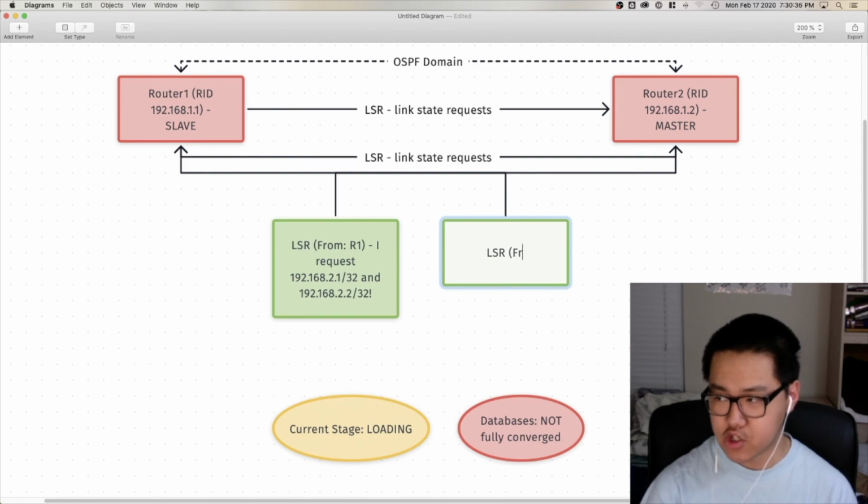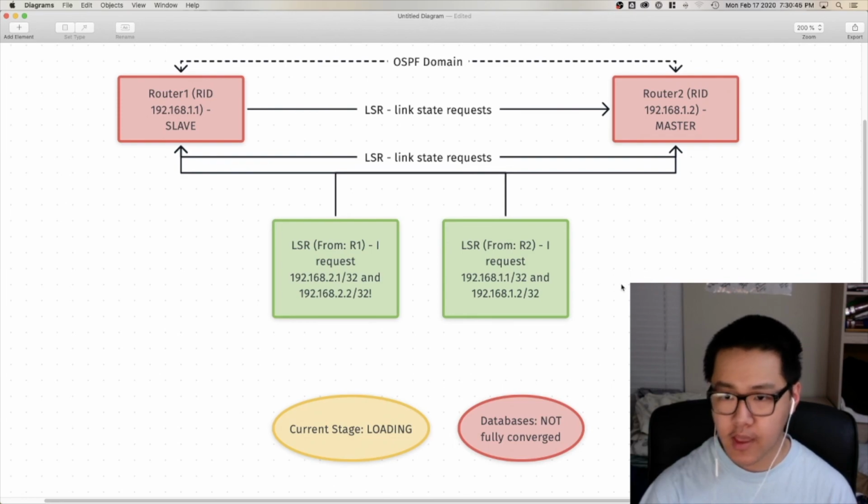LSR from R2. I request 192.168.1.1/32 and 192.168.1.2/32. Oops, I can't speak today. Again, the point of the loading stage, or the point of the entire database exchange process in general, is to make sure that these databases are consistent.